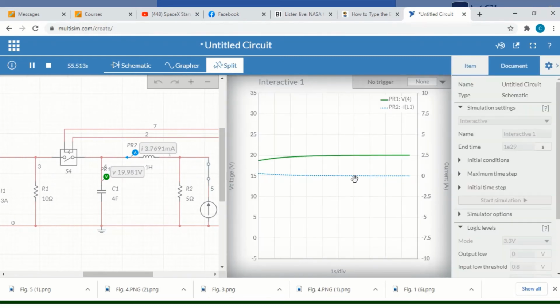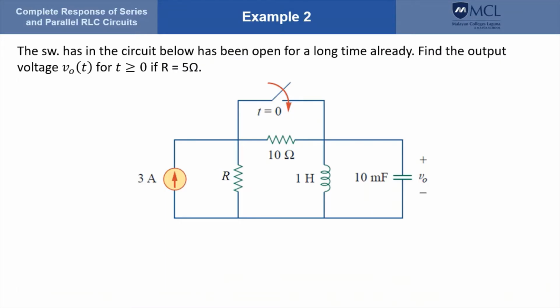So as you can see, the voltage across the capacitor has reached 20, and that will stay at that level because that is the steady state voltage. And the current to the inductor will become zero, and that will be the steady state value of the current. So let's have our second example.